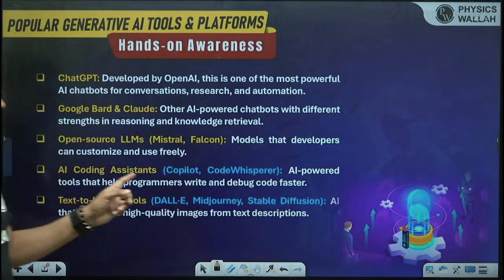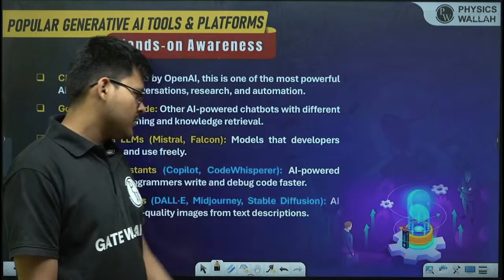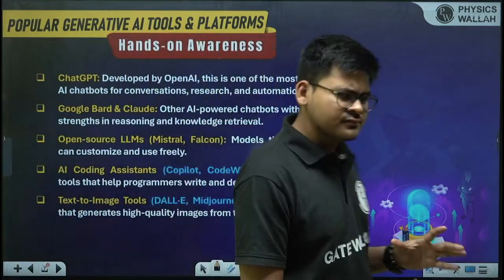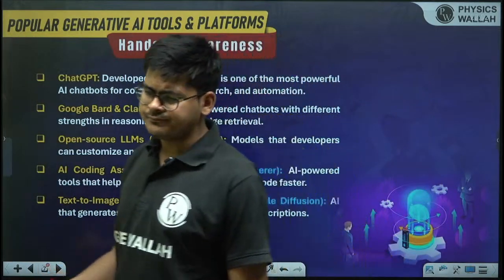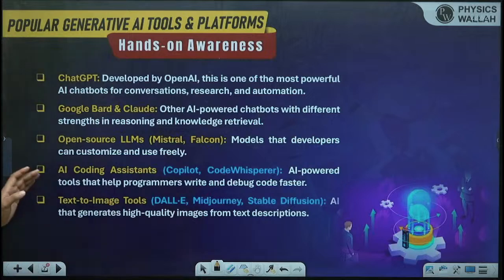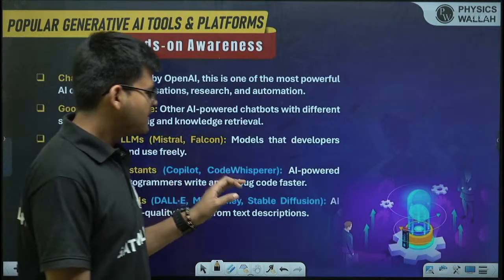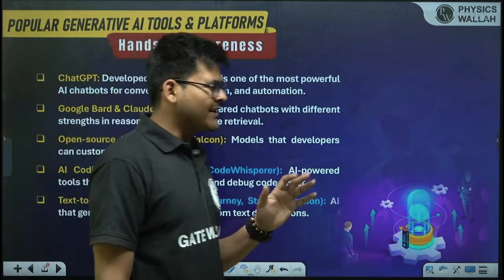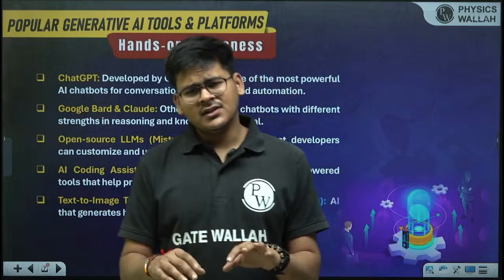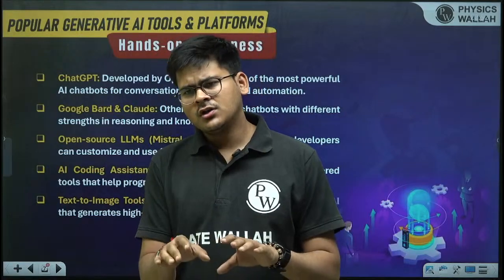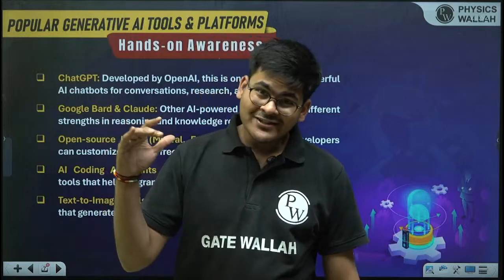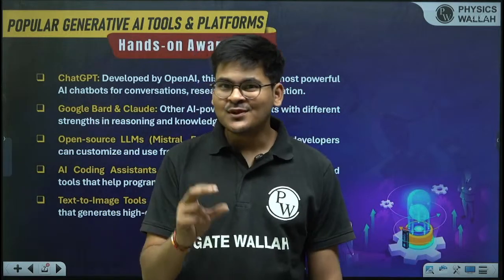Now AI coding assistants like Copilot, CodeWhisperer. AI powered tools that help programmers write and debug code faster. I have discussed this. Text to image tools: DALL-E, Midjourney, Stable Diffusion, AI that generates high quality images from text descriptions. So if you write, create an image with a dog chasing a cat, it will actually generate an image as per the text.